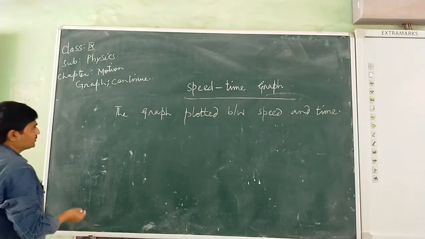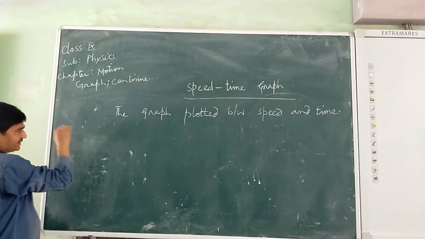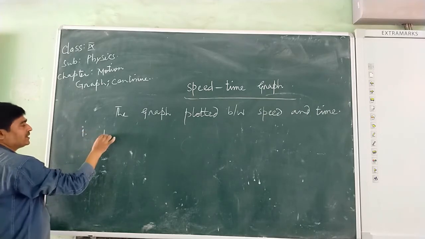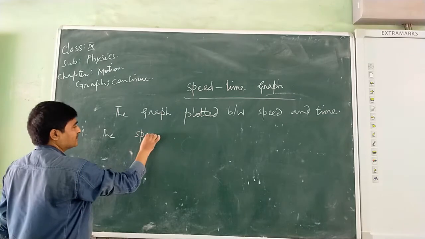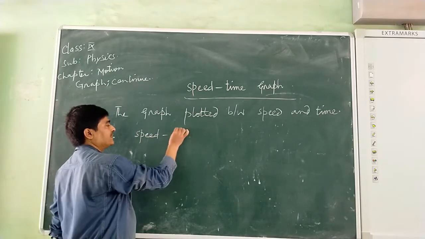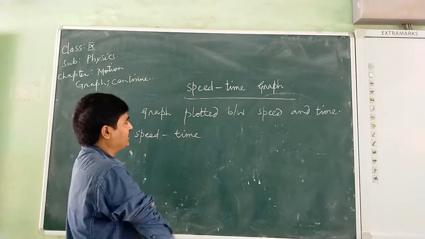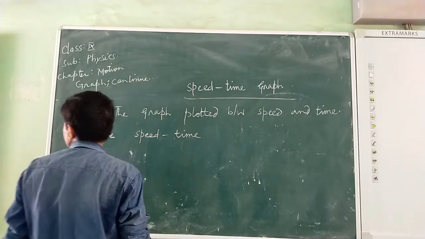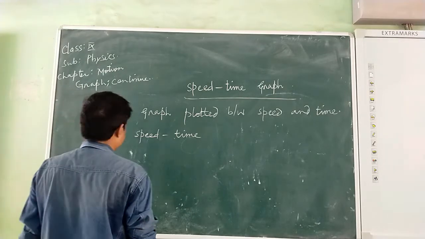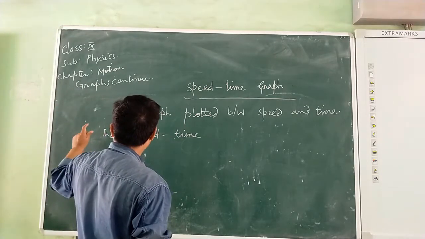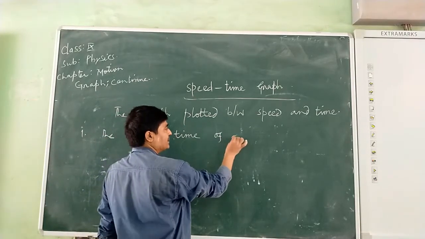Here we will also study some examples, like for the distance time graph. First example: the speed time graph of a body in uniform motion. There is no meaning of a speed time graph of a body at rest.